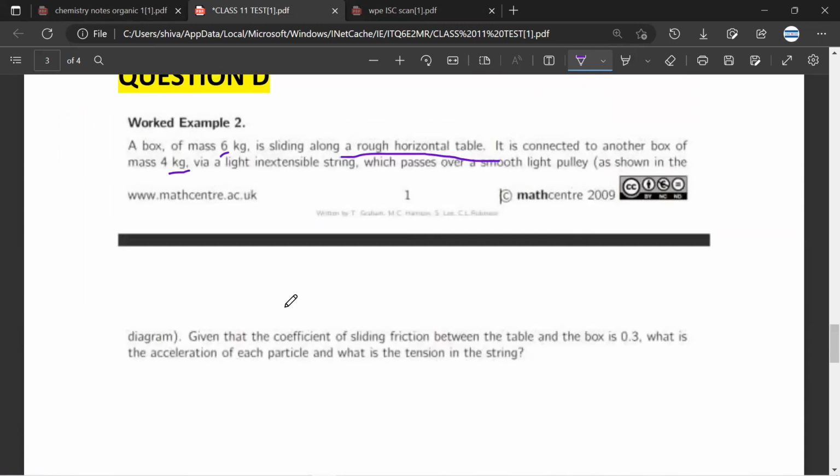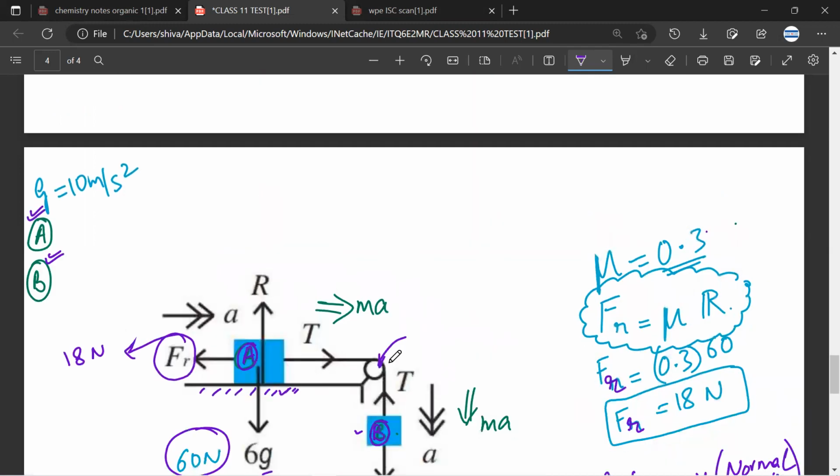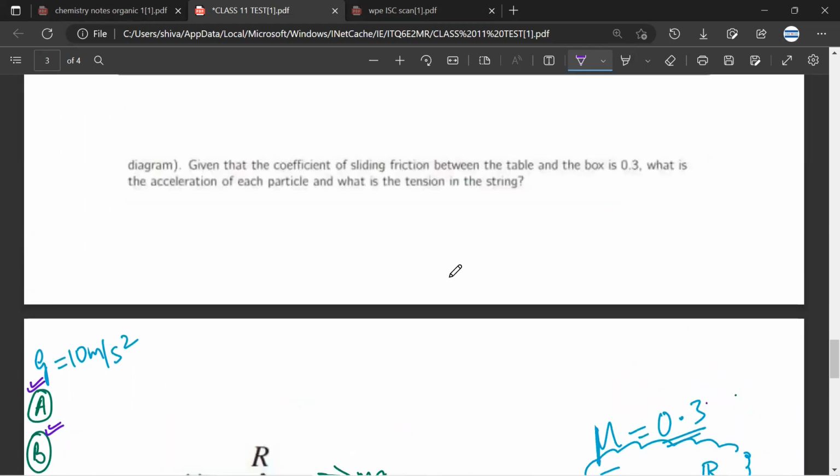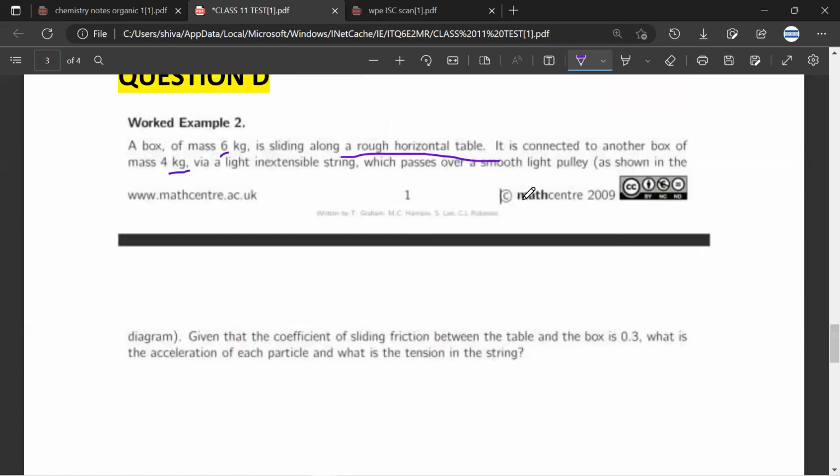Once we have done moment of inertia, then we'll look at problems where this pulley would have its mass also. Mr. Vantika, am I making sense? Yeah. So there are problems when this pulley would have mass. Once we have done rotational motion and moment of inertia, we will be able to handle that kind of question. But this is a relatively simple question.